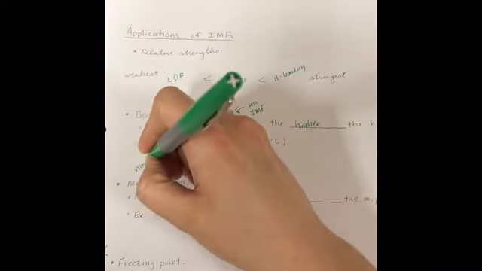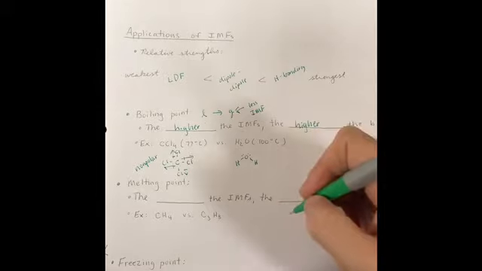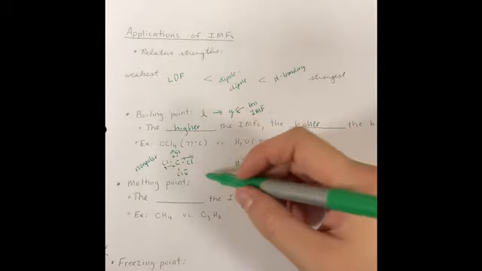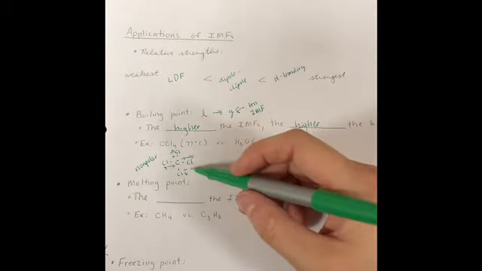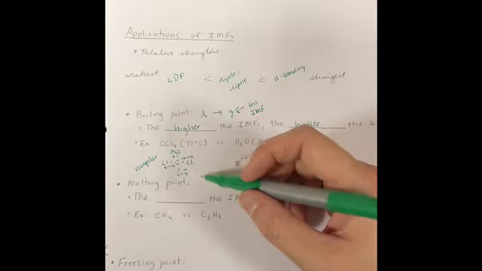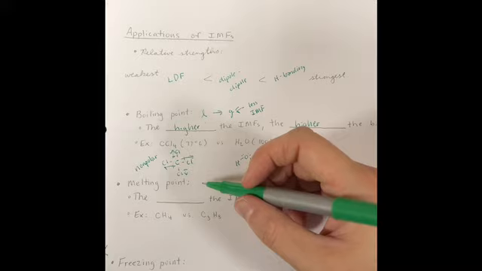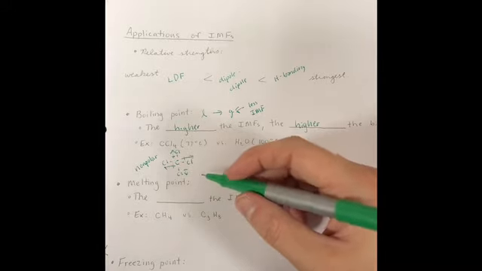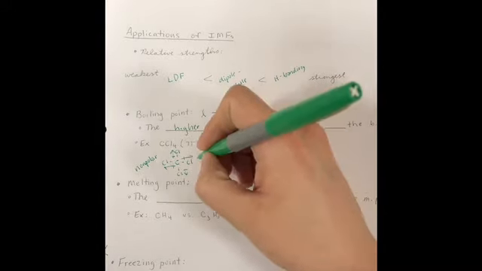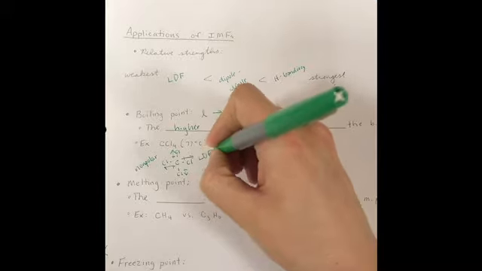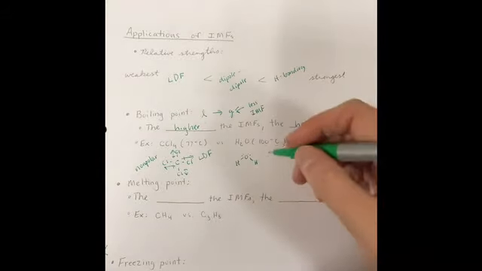So this will be a nonpolar molecule. That means we're not going to see any dipole-dipole forces, nor hydrogen bonding, because there's no hydrogen attached to an electronegative atom. However, all molecules do have London dispersion forces, so those will be present in carbon tetrachloride.